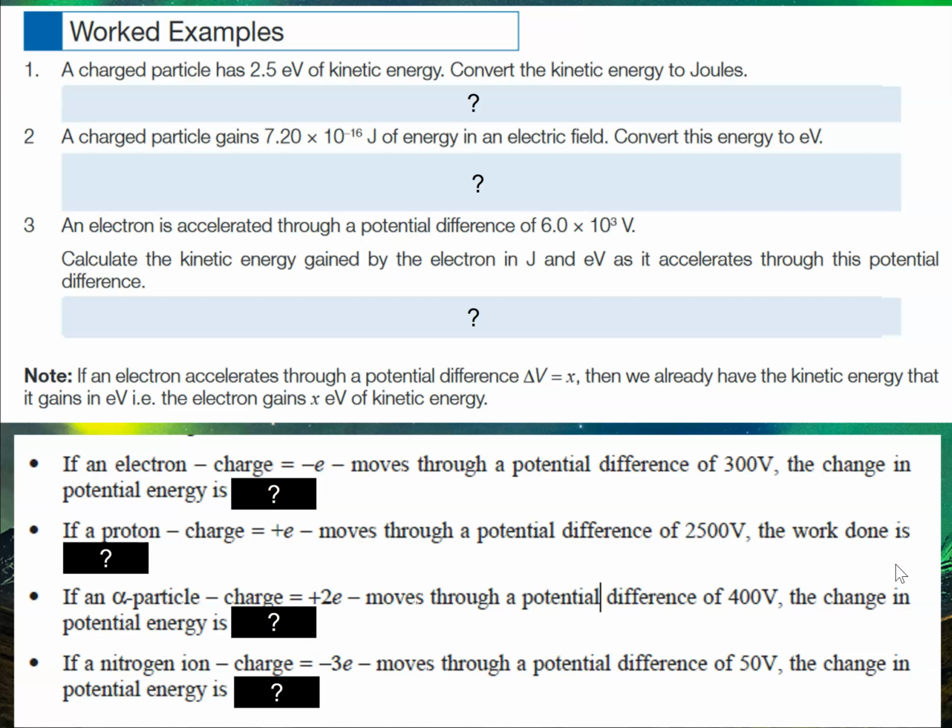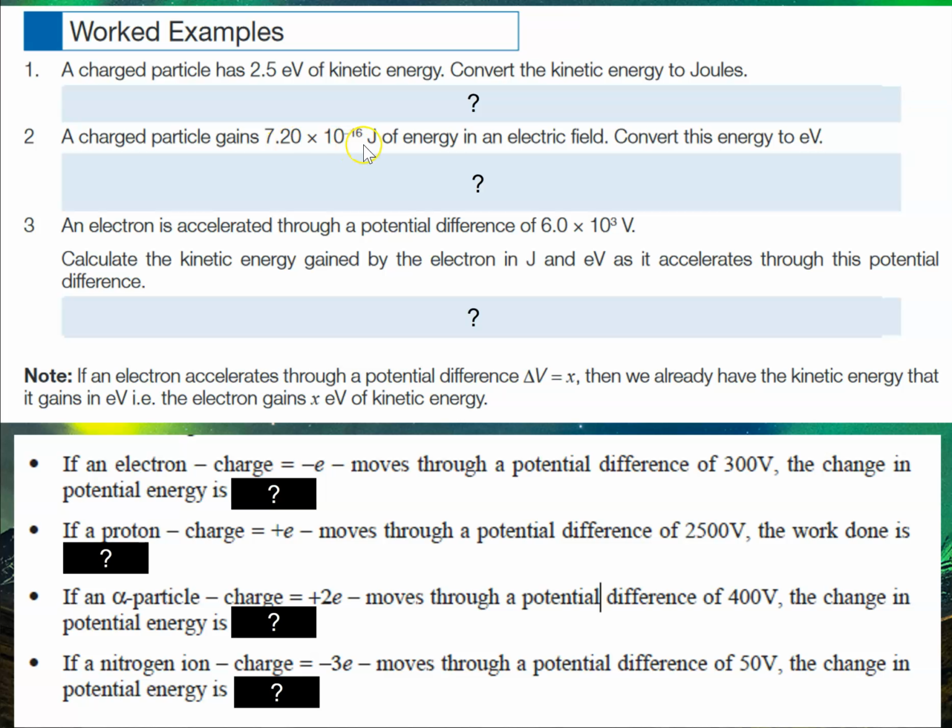So here's a couple of example questions to use that. Firstly, you're told that the particle has 2.5 electron volts of kinetic energy. They just want you to convert it to joules. So a conversion.